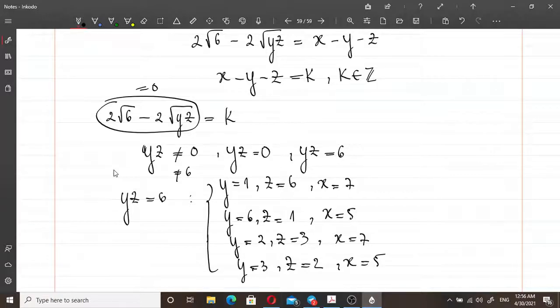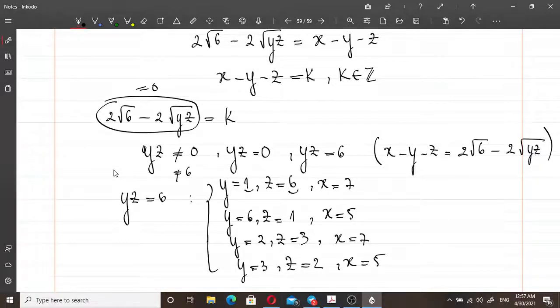Because I have y is equal to 1 and z is equal to 6, and I have x minus y minus z is equal to 2 square root of 6 minus 2 square root of y z. So when I replace y and z by 1 and 6, I will get the value of x is 7. And then the third one, second one, and fourth one are the same as the first one.